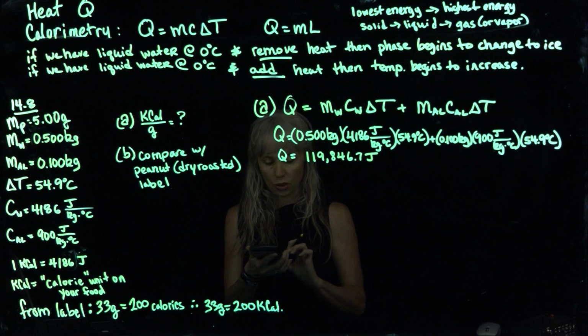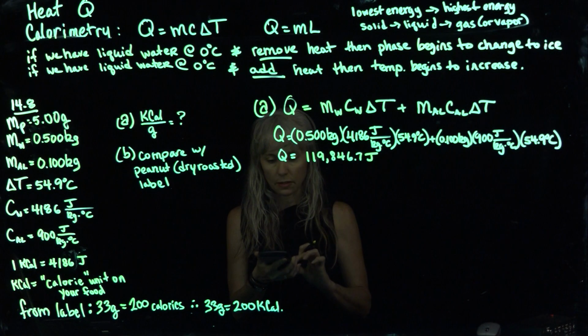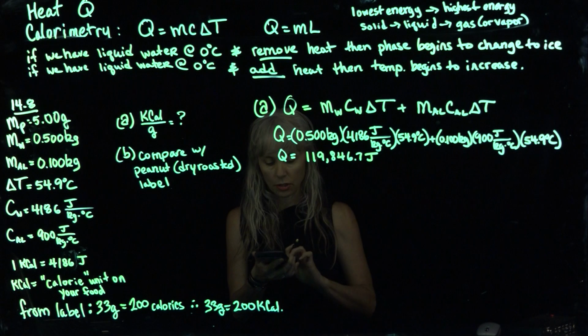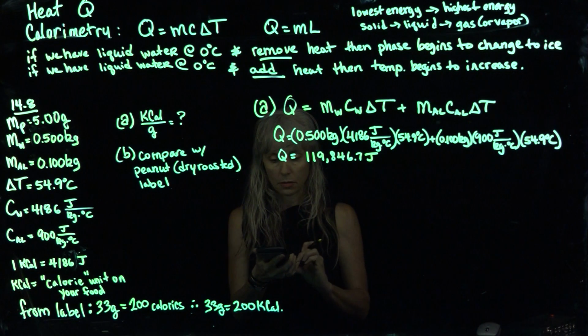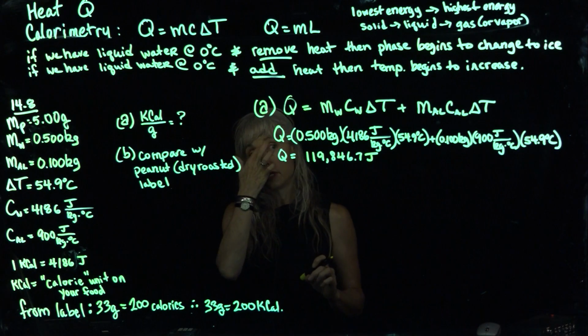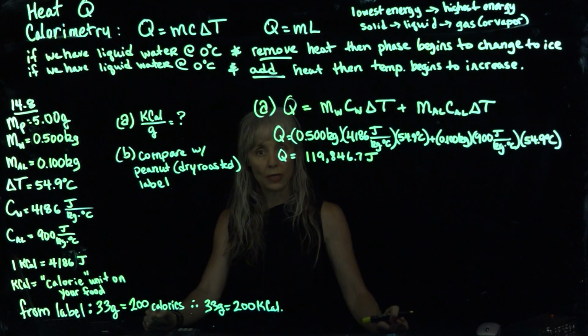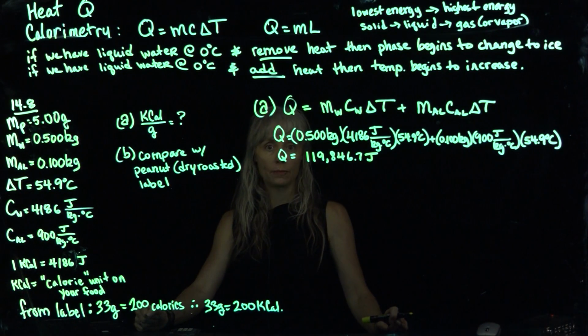And let me just quickly check, because that seems like a very large number, but let me just make sure that I'm getting the same thing by a second calculation. Yes, this is indeed the value. And so this is the total amount of heat energy that is released by burning this mass of 5 gram peanut.